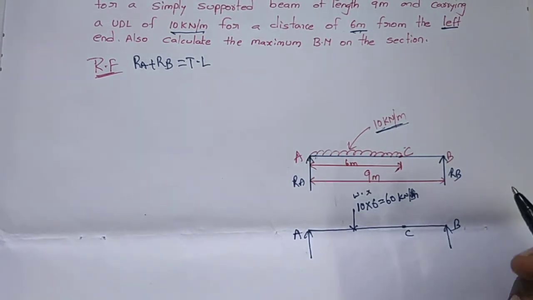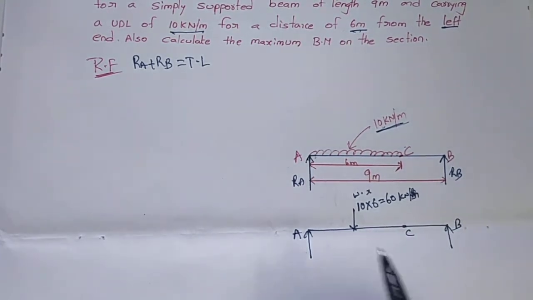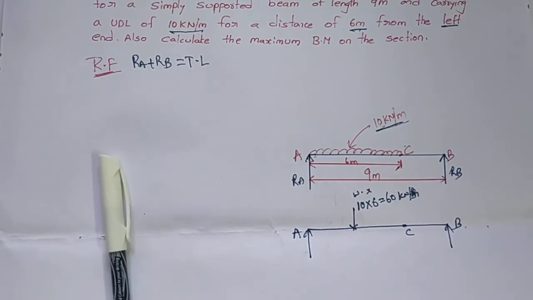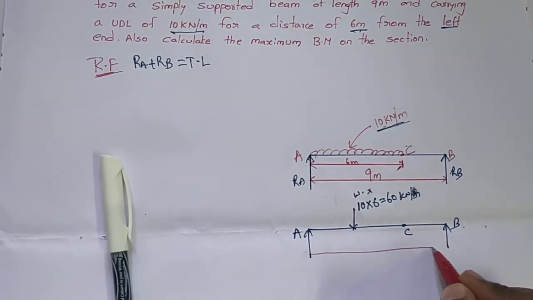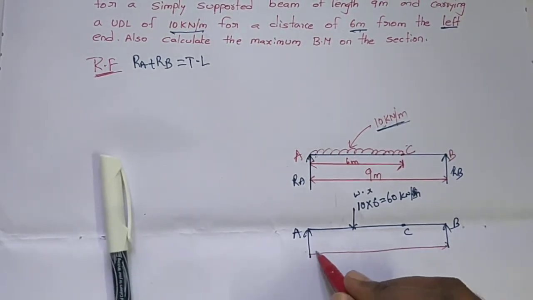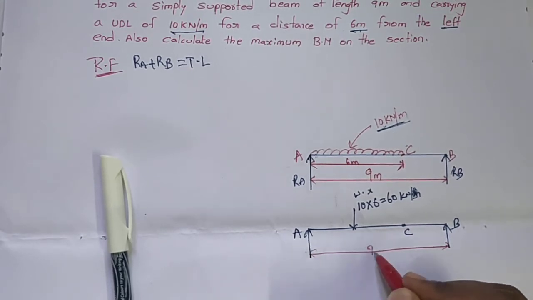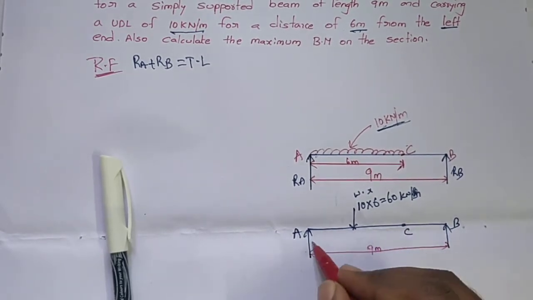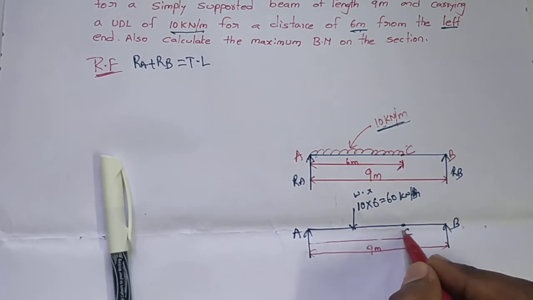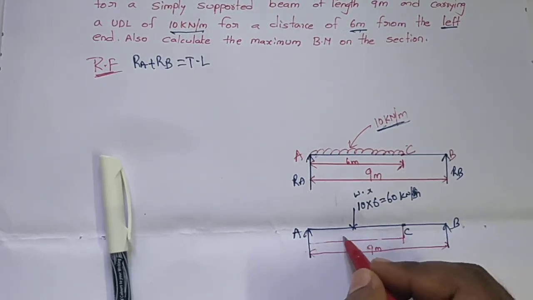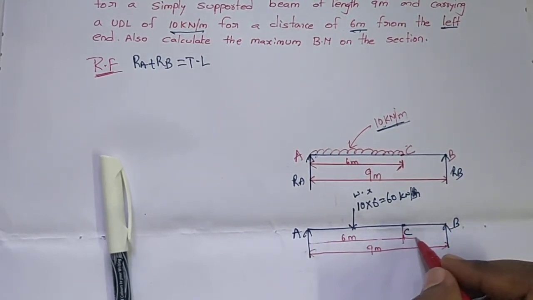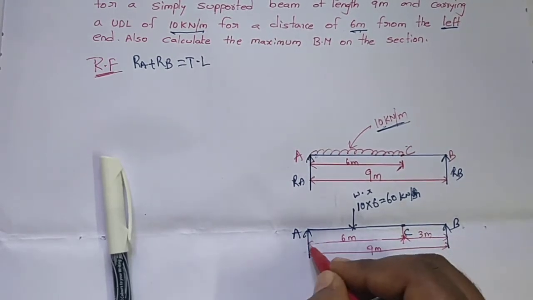Here the total distance is 9 meters. From this point to this point is 6 meters, so this remaining distance is 3 meters.